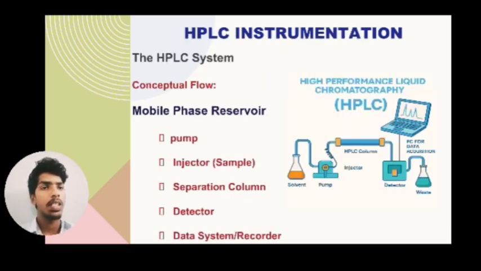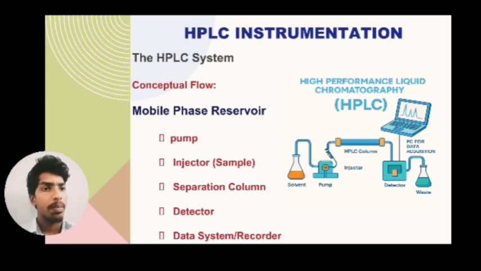HPLC instrumentation. The HPLC system, conceptual flow. The mobile phase reservoir contains the solvent, then pump, injector (the sample), separator column, detector, and data system or recorder. Let's look at the diagram.